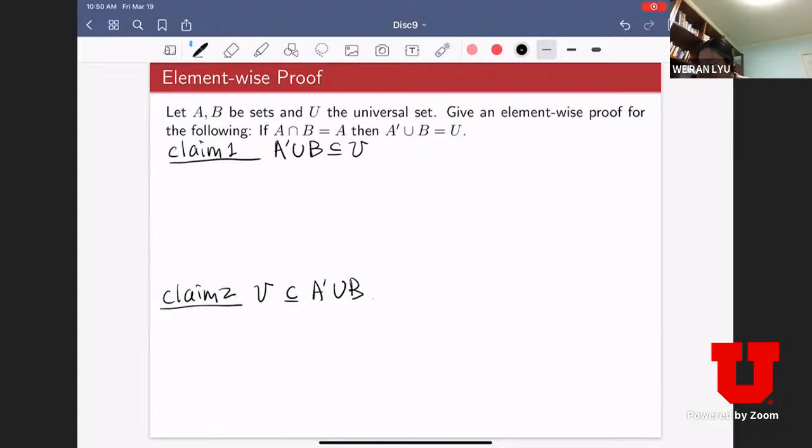All right, so for the first claim, you would just let x belong to the complement of A union B, like always, be given.